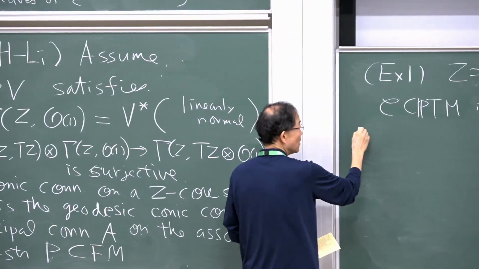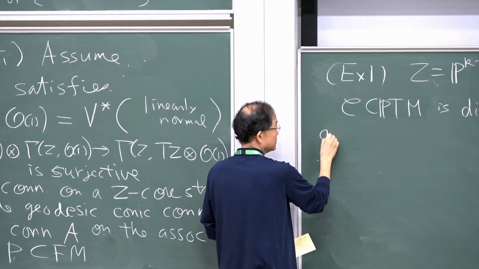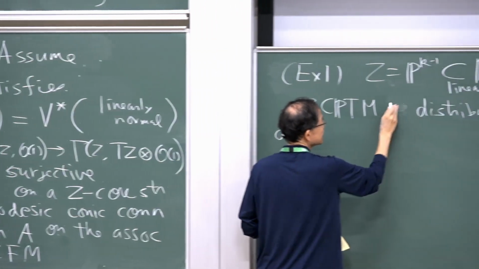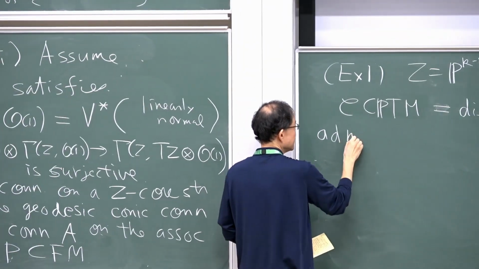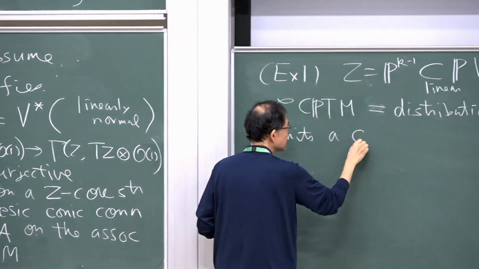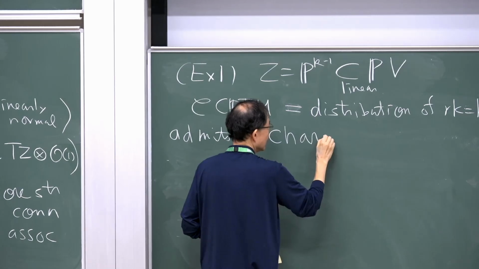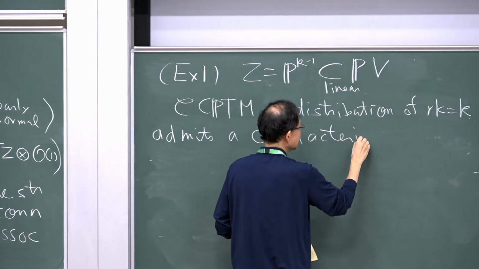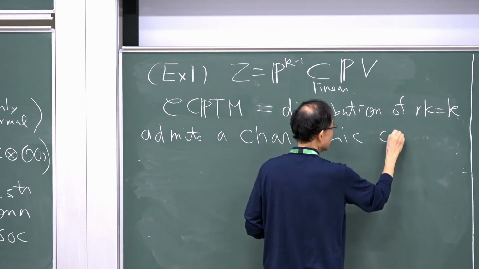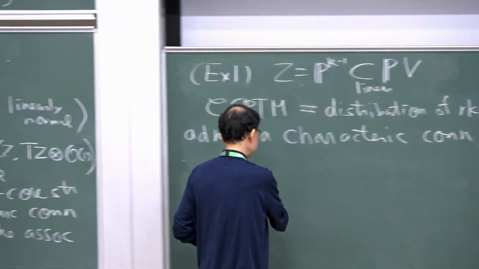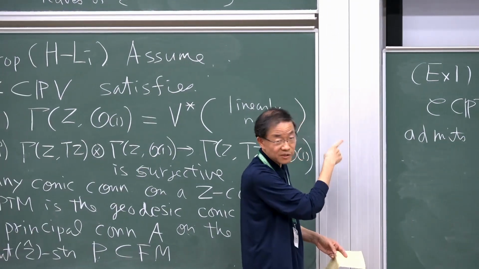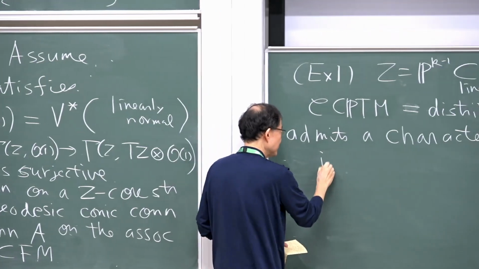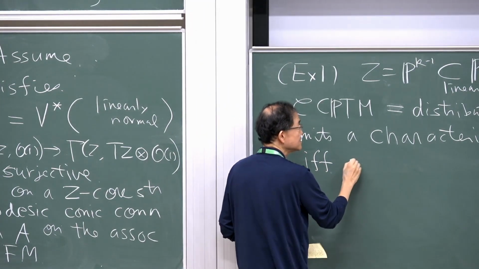Then this admits a characteristic conic connection. Let's just say characteristic connection. You can check this. It admits a characteristic connection if and only if the distribution is integral.